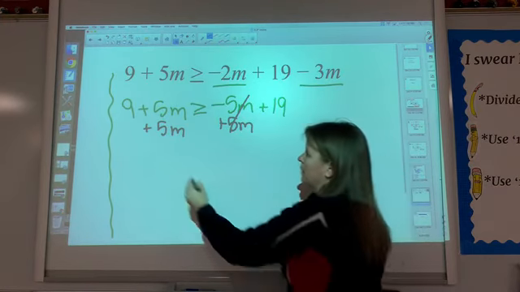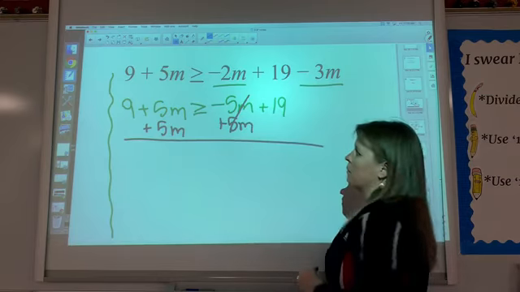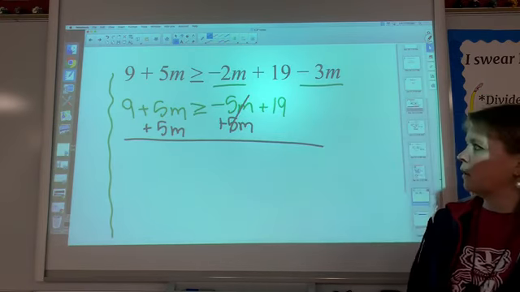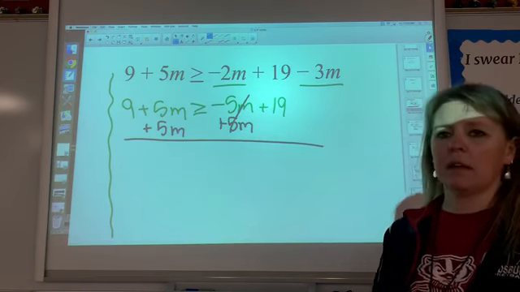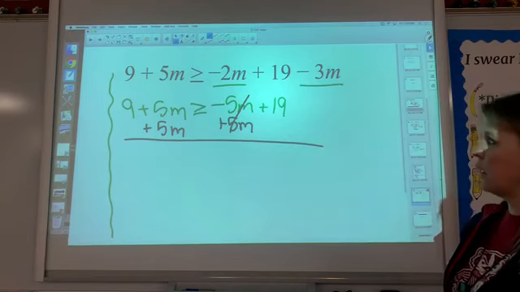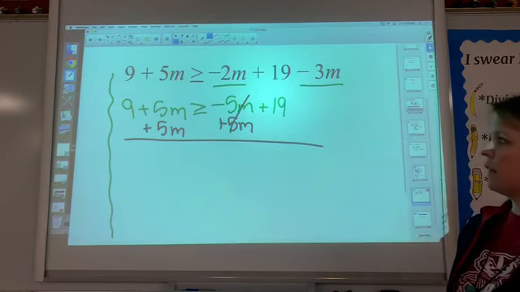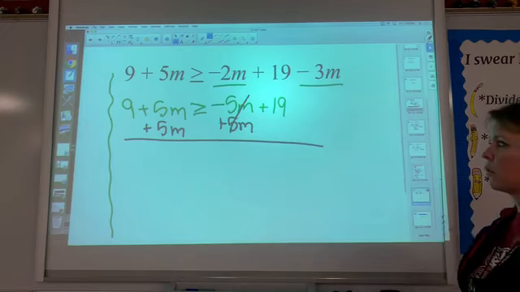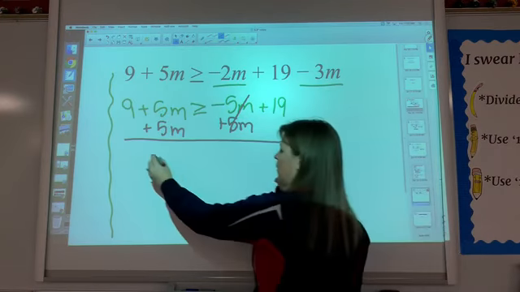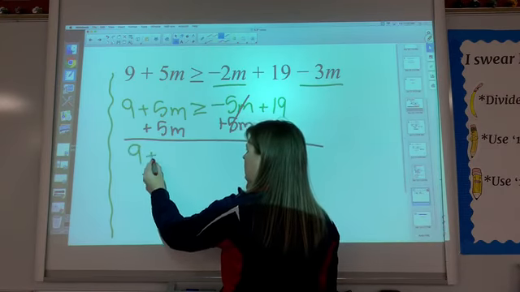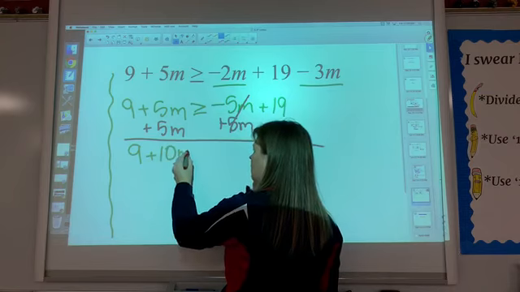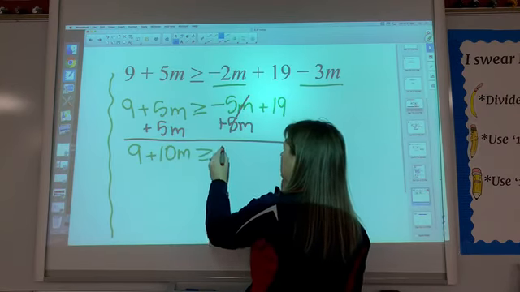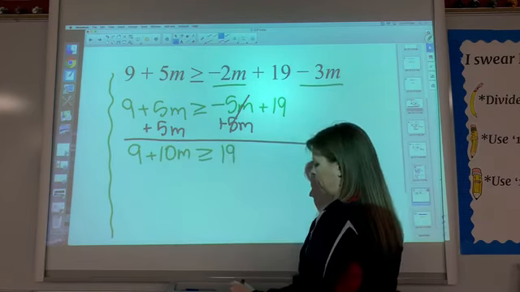They're both positive. And one of the most common mistakes by algebra students is when you see those two 5s, you just cancel them because you think that's what we're working on right now. You have to review the old material of what we already know. 9 plus 10m is greater than or equal to 19.